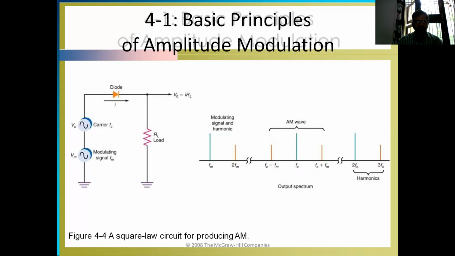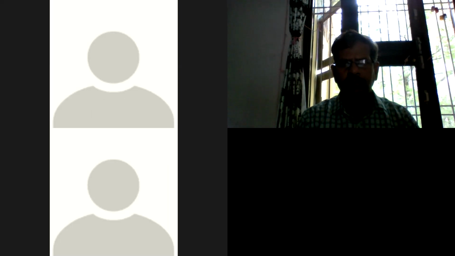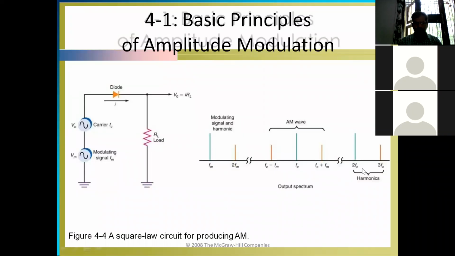This is the circuit diagram of the square law circuit for producing AM.